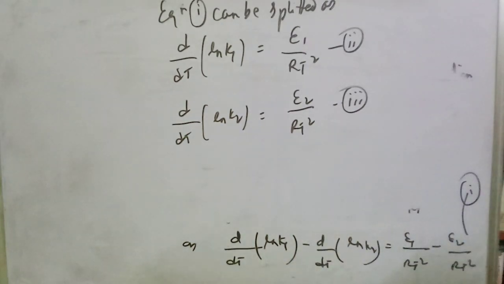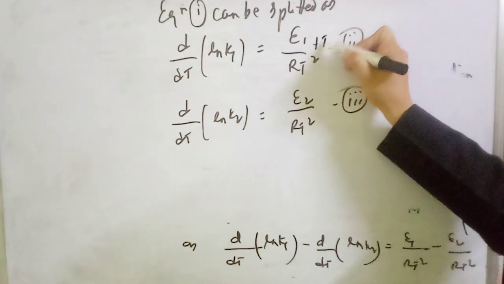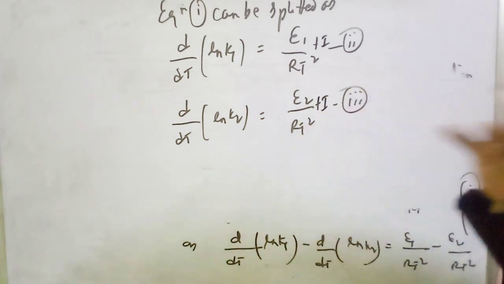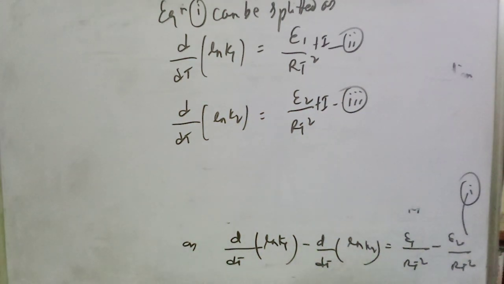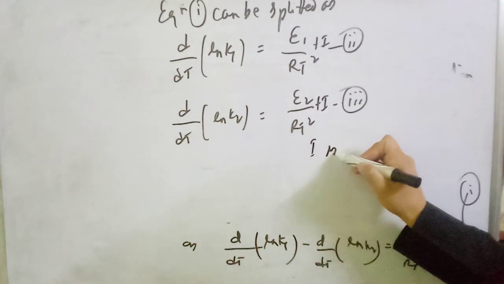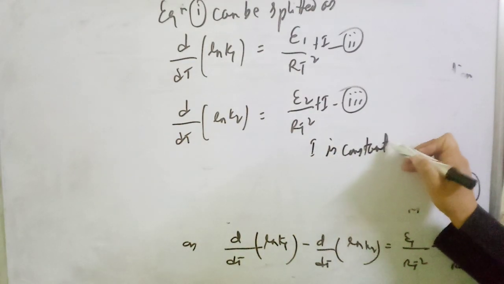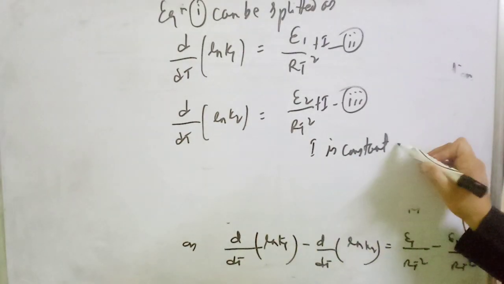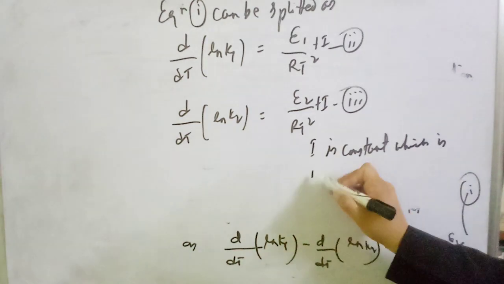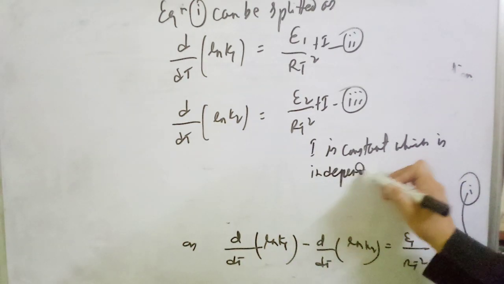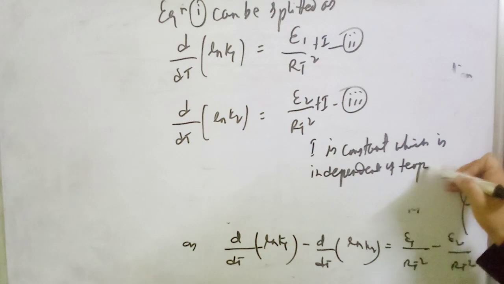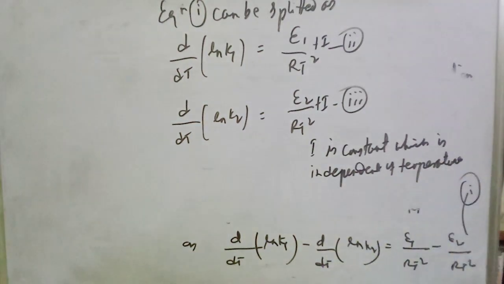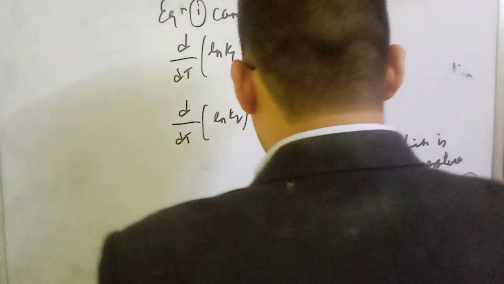Here you can write a constant I, one of the constants, which is independent of temperature. So in this way we can get separate equations for K1 and K2.